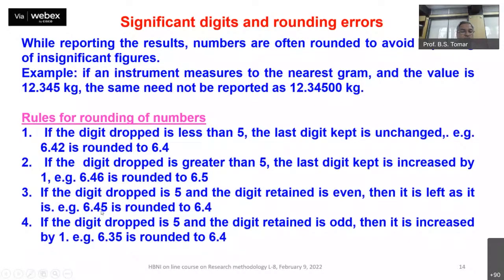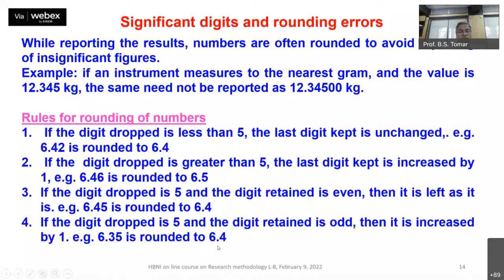For example, 6.45 you round to 6.4. But if it was 3.5, then you round it to the next. So the last digit should be an even number. If the digit dropped is 5 and the digit retained is odd, then it is increased by 1. Like 6.35, if you want to round it off to 1 decimal, you say 6.4.